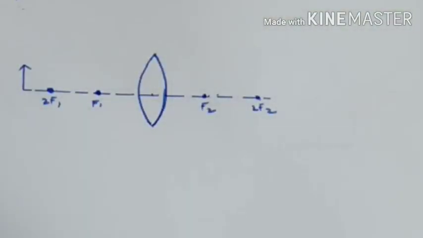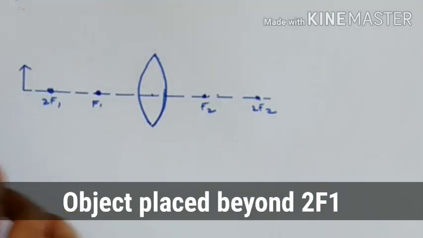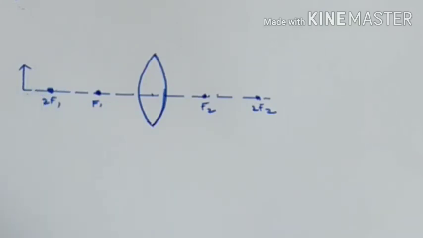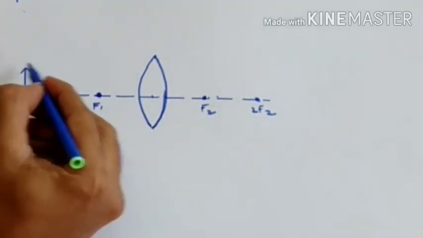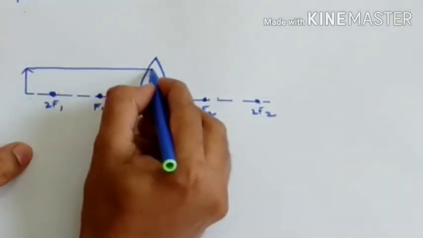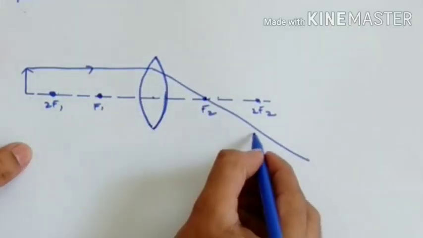Now let us see the second case. Second case, when the object is placed beyond 2f1. So now from infinity we have brought our object just near the 2f1 value. If the object is placed beyond 2f1, let us see the image formation. First ray we will draw parallel to the principal axis. So a ray which is parallel to the principal axis, after refraction will pass through f2 like this.